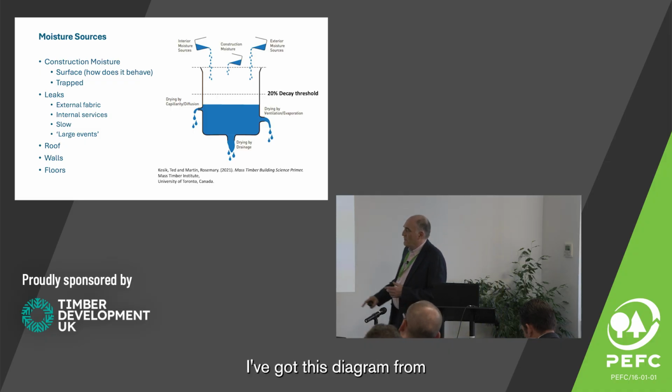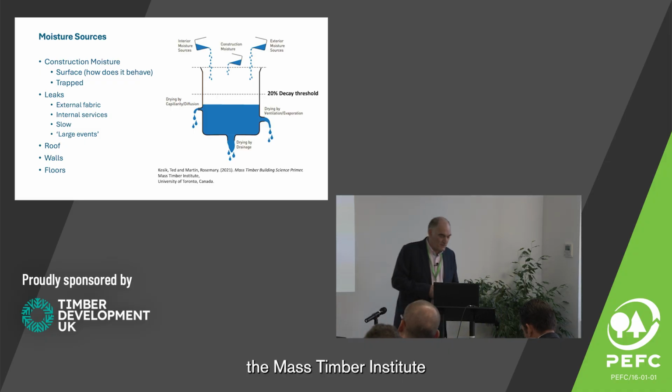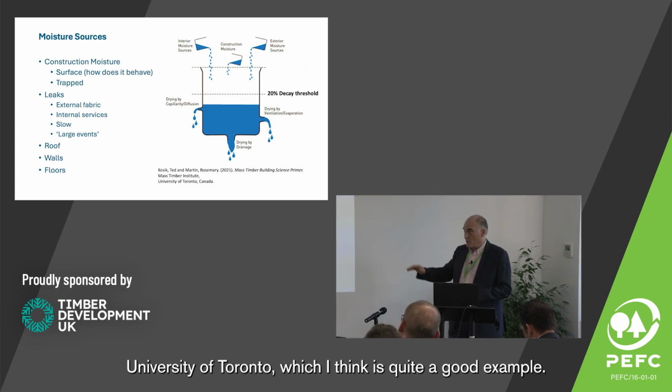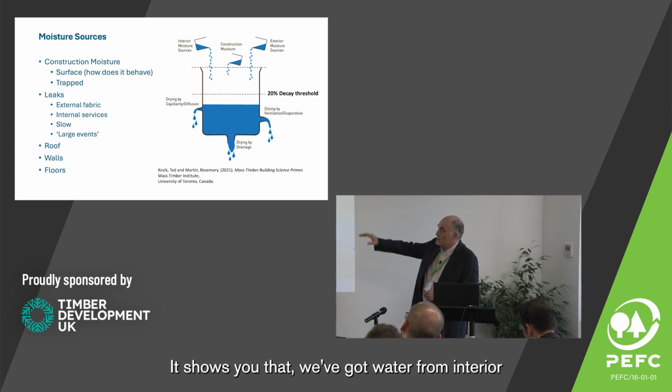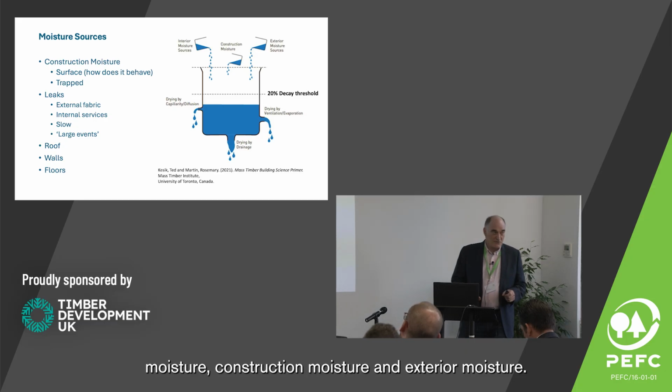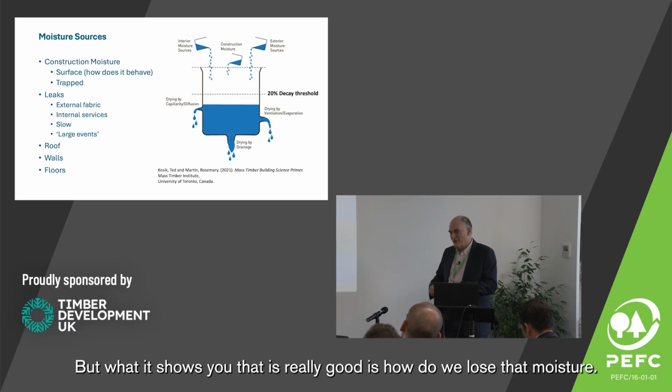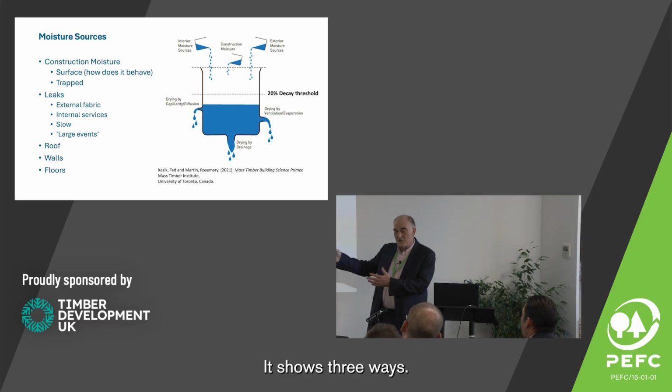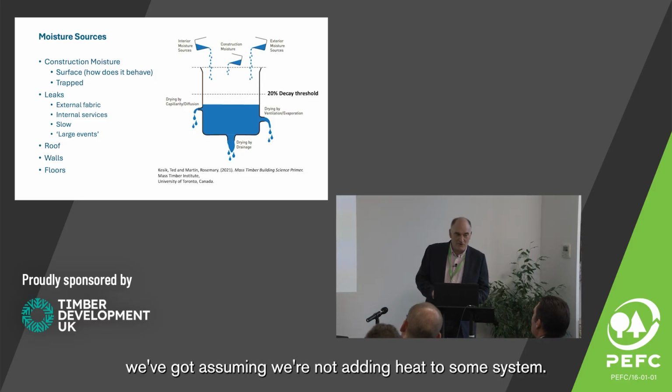I've got this diagram from the Mass Timber Institute of University of Toronto, which I think is quite a good example. It shows that we've got water from interior moisture, construction moisture and exterior moisture. But what I think is really good is how it shows us how we lose that moisture. It shows three ways, assuming we're not adding heat to the system.